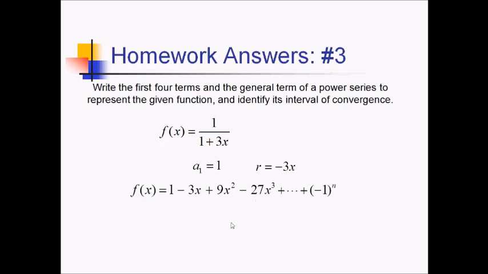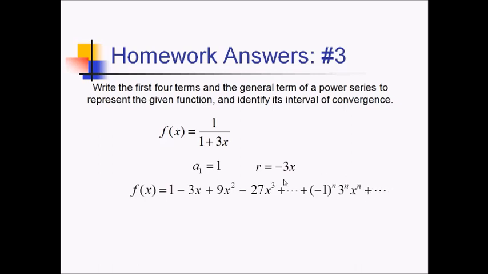Next, I notice that all these terms also have some version of 3 and an x in them. The 3, I don't want that to actually show up in my first term, so I'm going to make this 3 to the n. That way when I do 3 to the 0, I'm just going to end up with 1 still. And also I'm going to need an x to generate these terms. But again, I don't want the x in that first term, so I'm also going to make this x to the n. And then I'll put a plus dot dot dot in the end to show this keeps going.